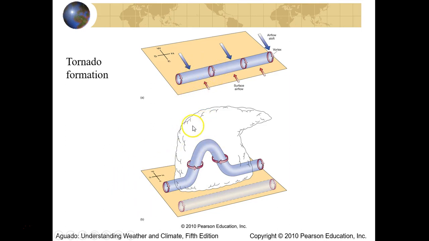As a thunderstorm begins to form, if it sucks up one of these areas where we get air rolling due to wind shear, as that air is rotating horizontally, the updrafts begin to pull up that horizontally rolling air into a vertical column, and that's what gets the whole thunderstorm to begin to sit and spin.